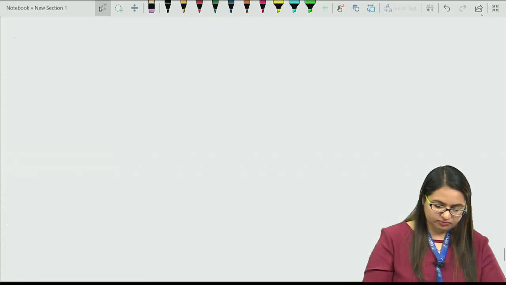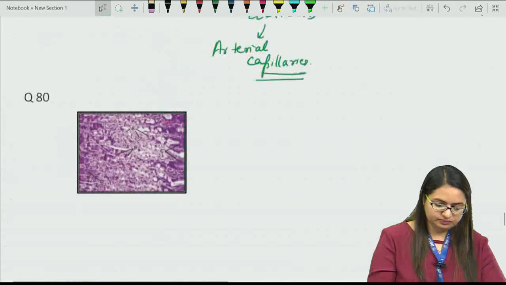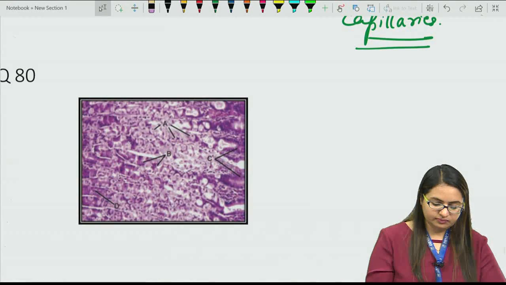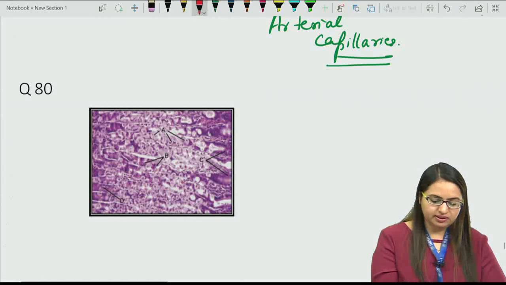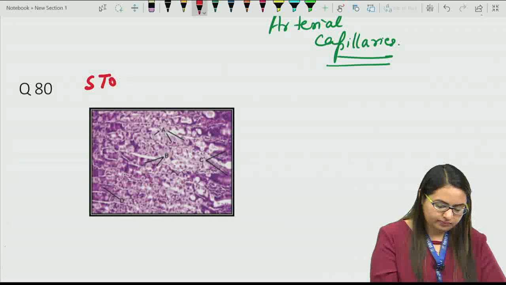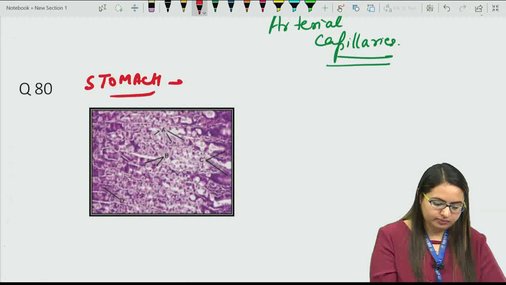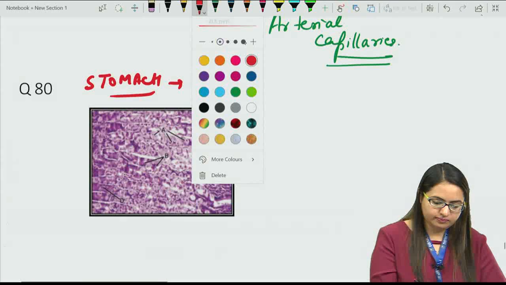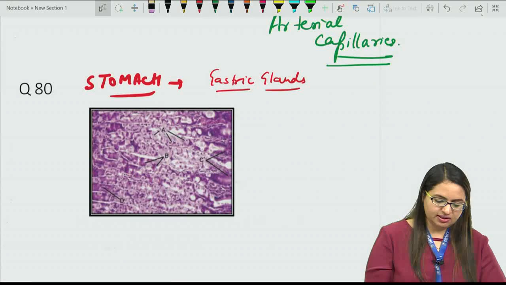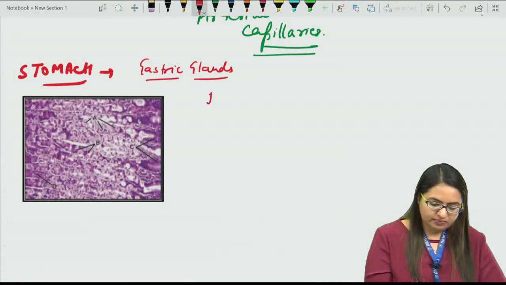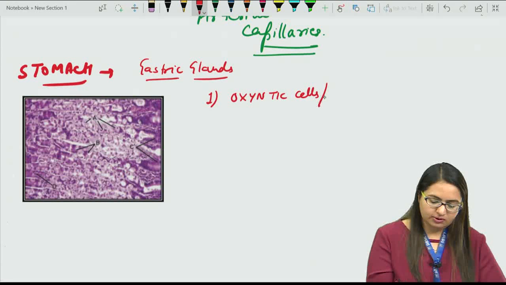For the slide, we come over here. This is a slide of the stomach, and this slide is actually showing the gastric gland. And the various cells which are present in the gastric gland over here, the main cells are the oxyntic cells, also termed as parietal cells.